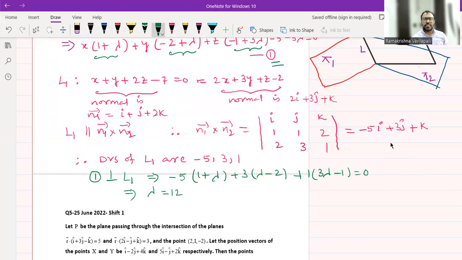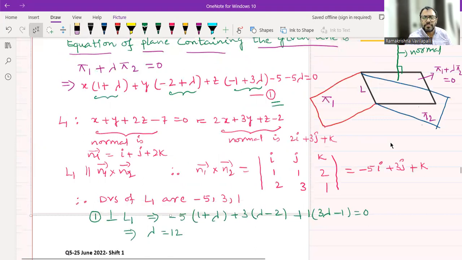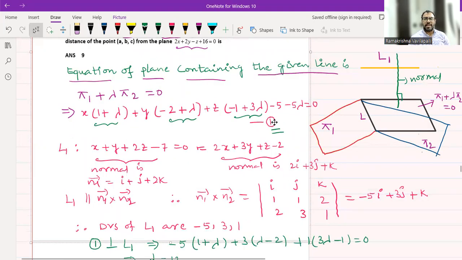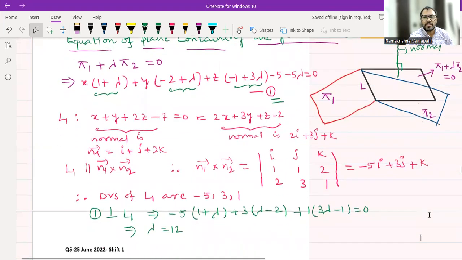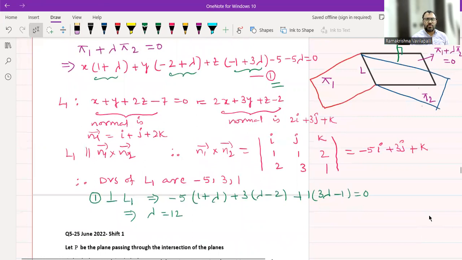Now we need to substitute in the plane, right? So what is that plane? This is the plane equation 1. We just substitute that value of lambda.